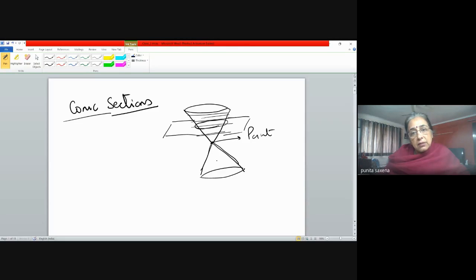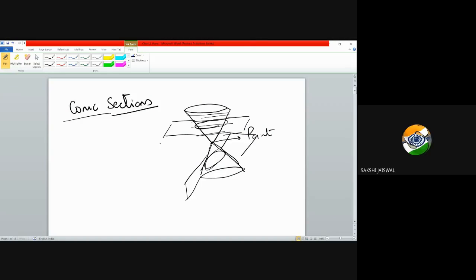Just a point. Okay, you take a plane passing through, you just incline it, you change the angle of inclination of these planes and you get a different curve. Incline this plane of intersection at a slight angle, right? So you get something like this. Okay, so ellipse.